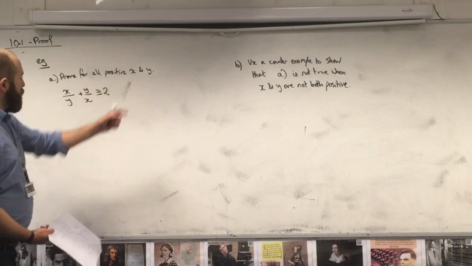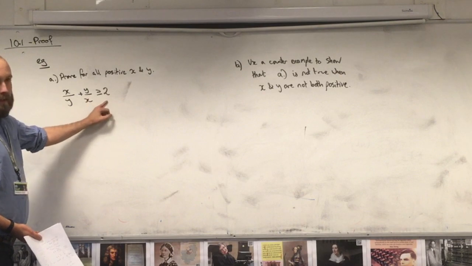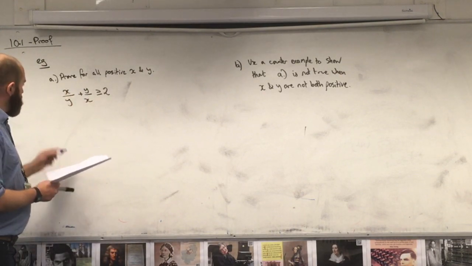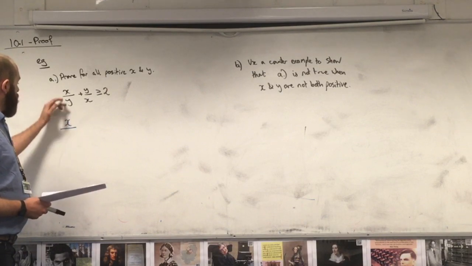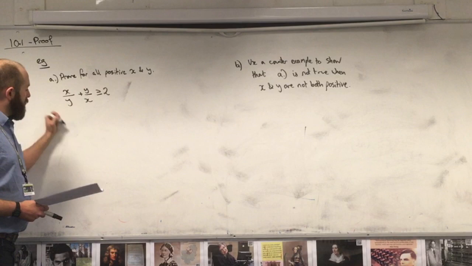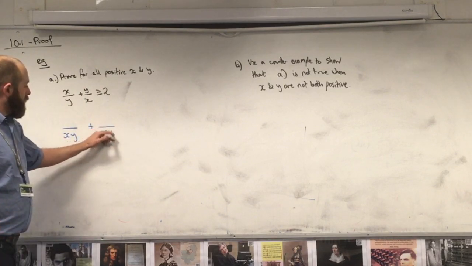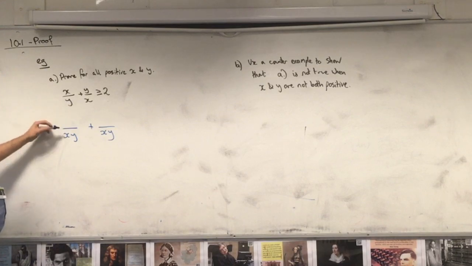So prove for all positive x and y that this is true. So we've got two fractions added together saying that they should be greater than or equal to 2. So adding two fractions, find a common denominator. Our common denominator will be xy. To get xy as our denominator here, we need to times the top and the bottom by x.